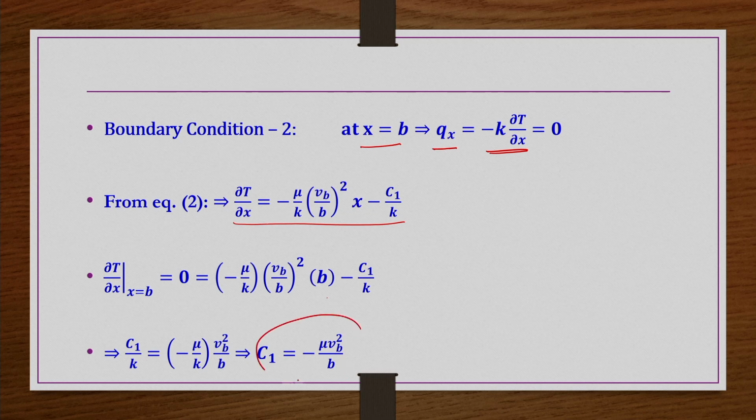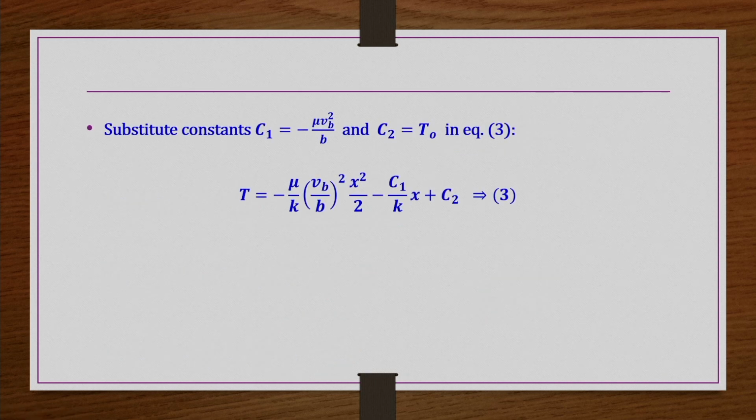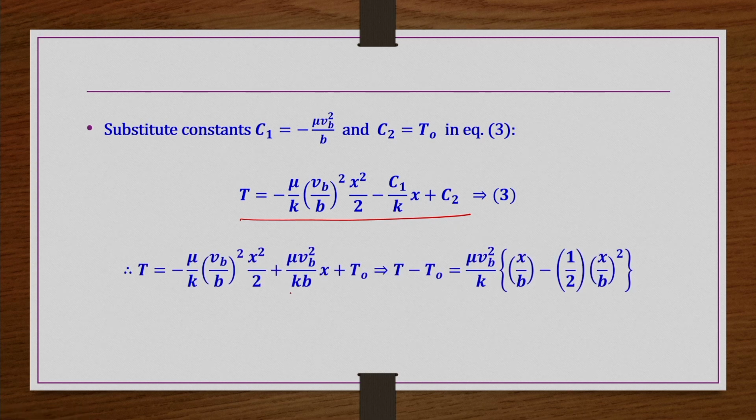So, this C1 and C2 equal to T naught, these two we are going to substitute in equation number 3 which we have derived previously. In place of C1 you can write minus mu Vb square by b, then this is the second term, that is plus mu Vb square by kb x, and in place of C2 you can write T naught, the first term is as it is.